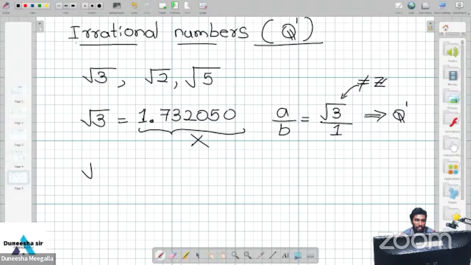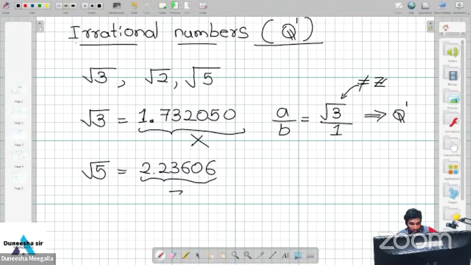If we take root 5, can you tell me, using the calculator, what root 5 is? Two point two three six zero six. Is it? Yes. Okay. Then is this an integer? This value? No, it is not. Not an integer.